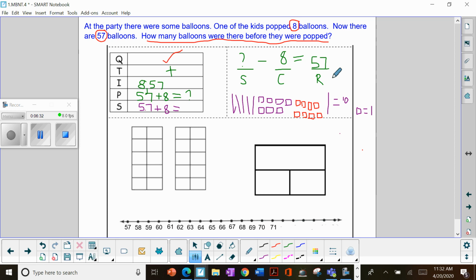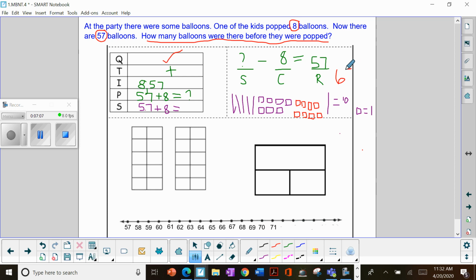All right, so now we're going to count them all together. So we've got 10, 20, 30, 40, 50, 51, 52, 53, 54, 55, 56, 57, 58, 59, 60, 61, 62, 63, 64, 65. Okay, so we didn't fill out this yet. I think my answer here is 65.